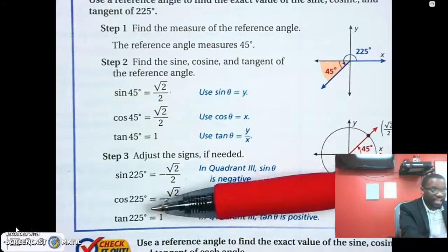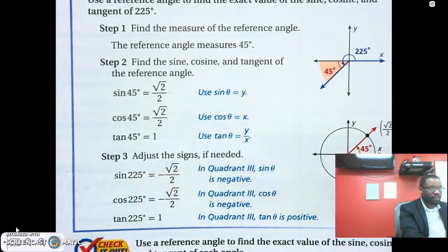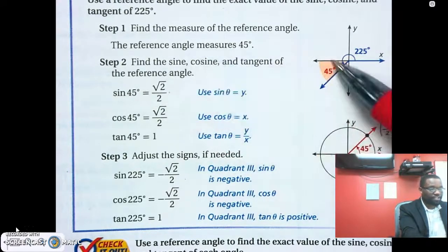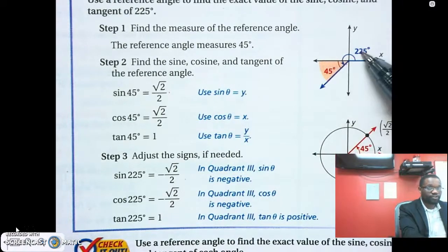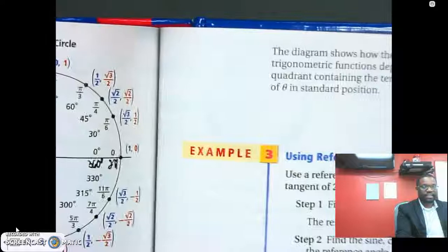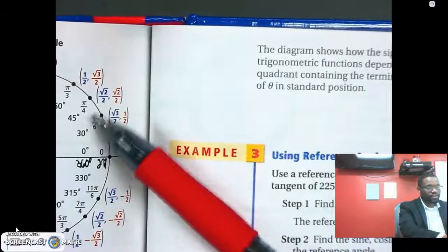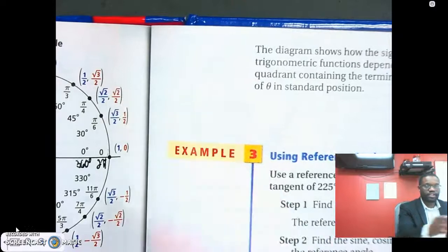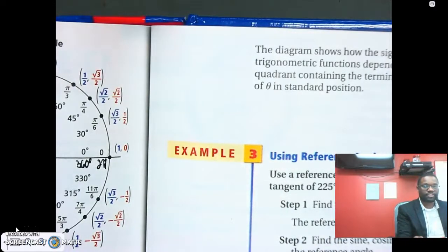So what actually happened here, to summarize? Well, I used the values in the first quadrant. Once I figured out what the reference angle was, I flipped over to the first quadrant in my unit circle, and I noticed that, hey, 45 degrees is this for sine and cosine, and now I was able to figure out the tangent.